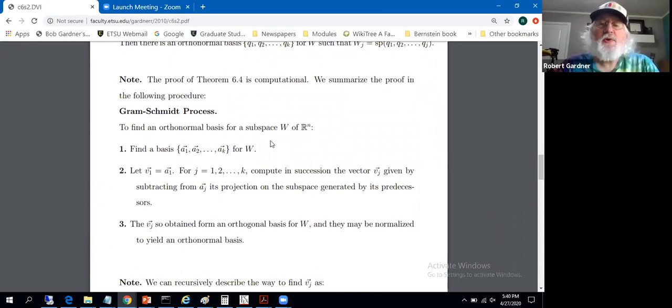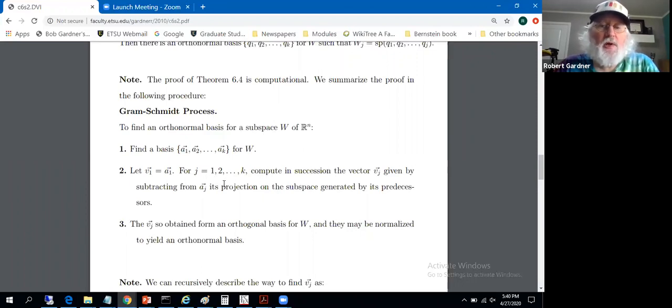To find an orthonormal basis for subspace W of R^n, first start with a basis. I don't think of it as a bad basis. I like orthonormal bases, and they've given us this bad basis. In practice, you'll be given a basis for the subspace and then asked to turn it into an orthonormal basis. You'll let V sub 1 equal A sub 1, like we did in the computations.